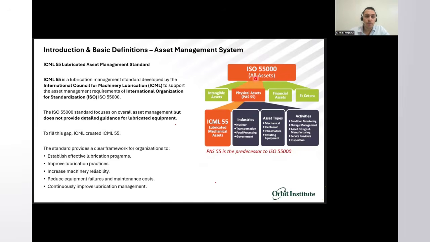Okay. So what is the ICML 55, which is discussed in detail in the Machinery Lubrication Engineering training course? The ICML 55 is a lubrication management standard developed by the ICML, the International Council for Machinery Lubrication. So the ICML is not only a certification provider, no, the committee in the ICML developed a standard called ICML 55.